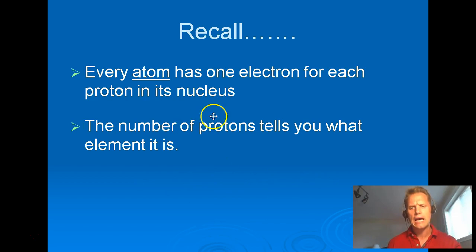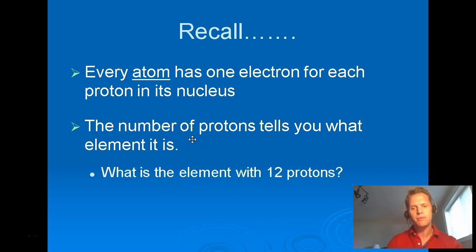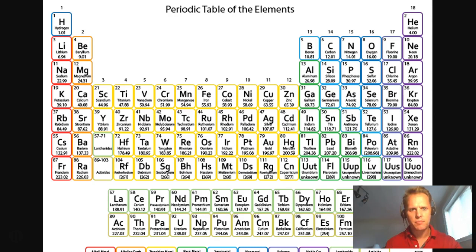If we look at a periodic table, the atomic number is how many protons you have. So what element has 12 protons? We look at the smaller number, which is the atomic number, and we go across till we find 12 and see that it's magnesium.